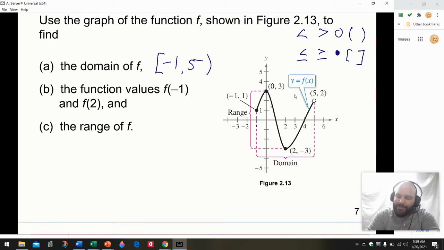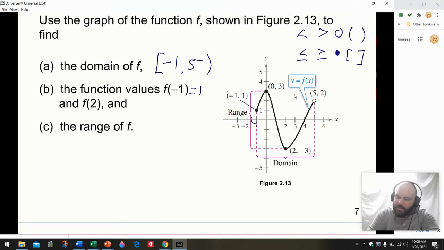So what they're saying is find where x is -1 and get me the y value. So when I go right here, here is -1, and when I go to the point that's above -1 right here, this ordered pair, you can see when x is -1, the y value is +1. So that means that f of -1 is equal to +1.